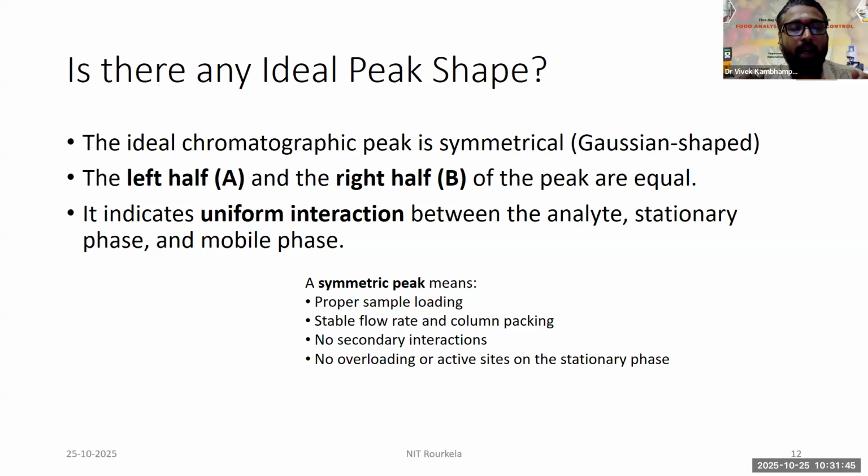And column settings are very good, no secondary interactions are possible. You washed your entire equipment inside the column thoroughly, rinsing before inserting the sample. So that part is clear and no secondary interactions are happening. And no overloading or active sites on the stationary phase. This is the meaning of the symmetric peak.